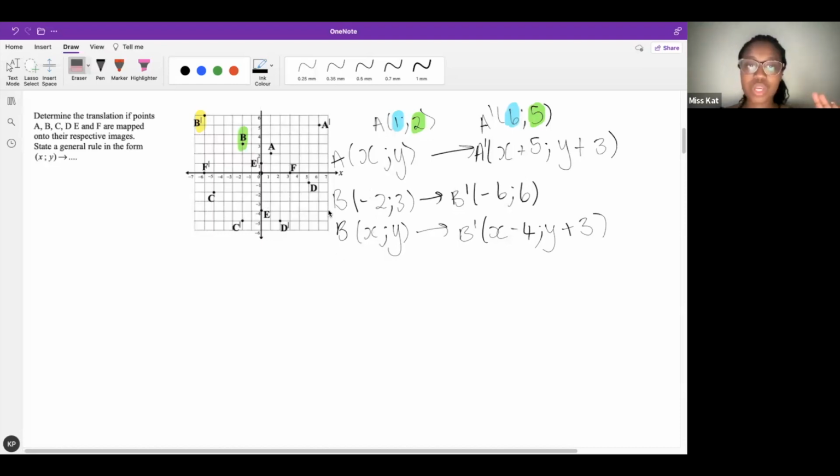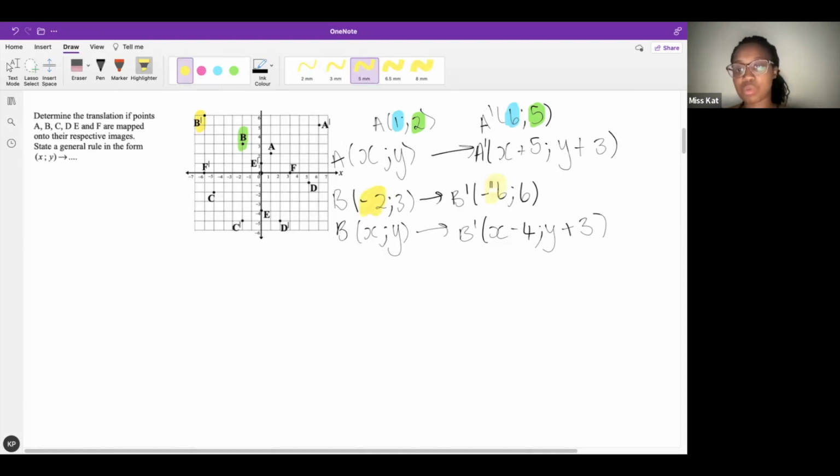So I asked you, how did we get from B to B prime? So there's B and there's B prime. So to get to B prime, did we go to the left or to the right? To the left. That's why we use the minus. Do you see that? Yes, ma'am. And how many times did we go to the left? You can look at the X coordinates for B and it will tell you. Look, we went from -2 to -6.